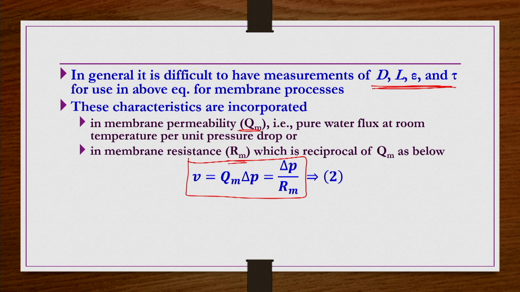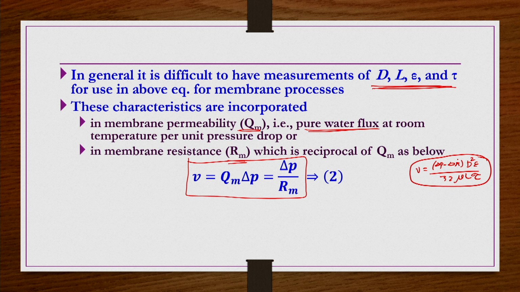If we write the previous equation, V is equal to (delta P minus delta pi) d square epsilon by 32 mu L tau. This equation we are now writing for a pure water flux. Qm is for pure water flux conditions.